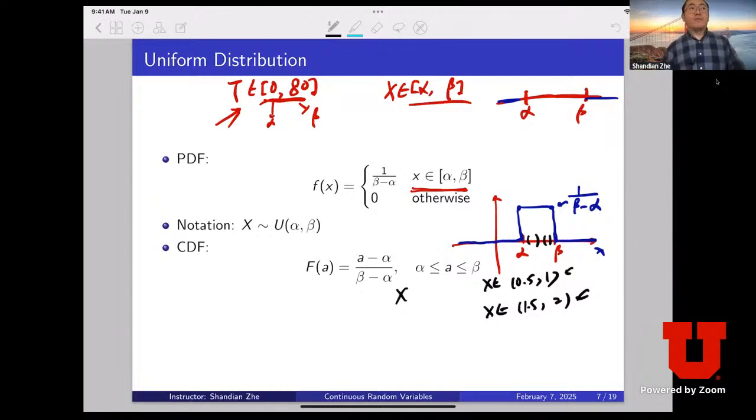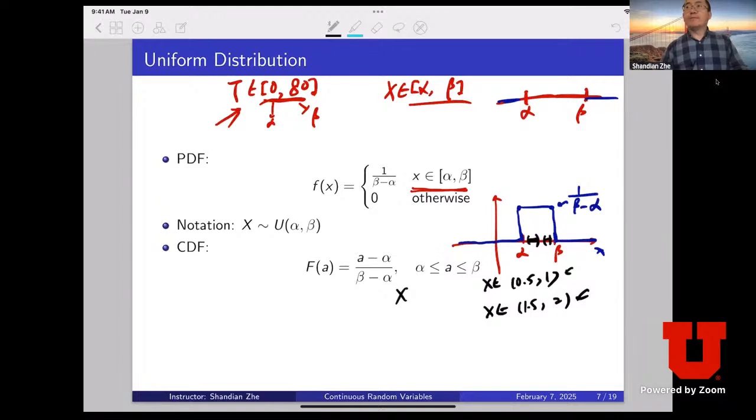That's why it's called uniform. If this probability changed depending on the position at which this particular interval is located, then it's not a uniform distribution. Okay.